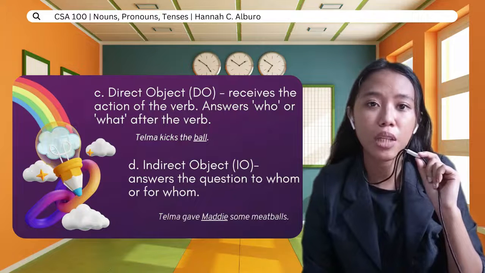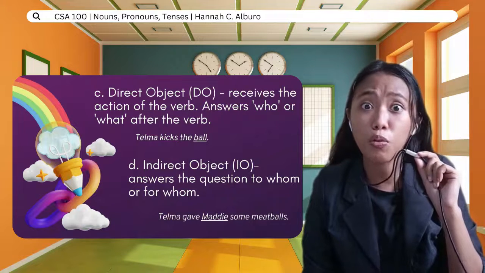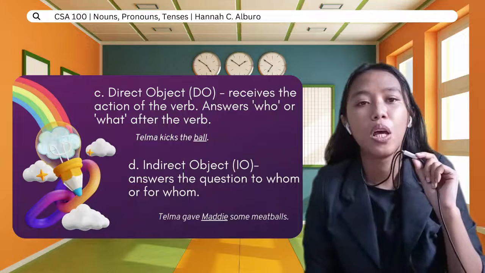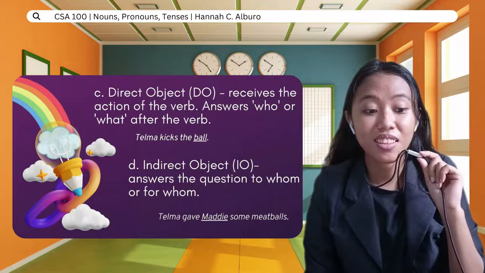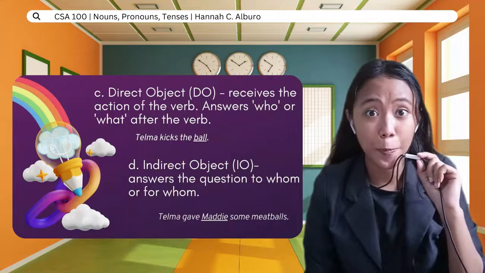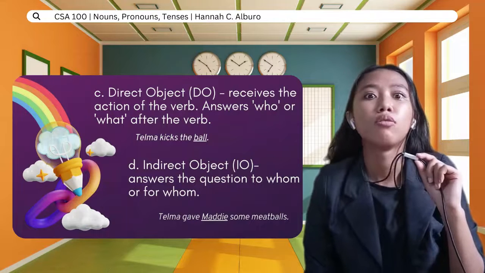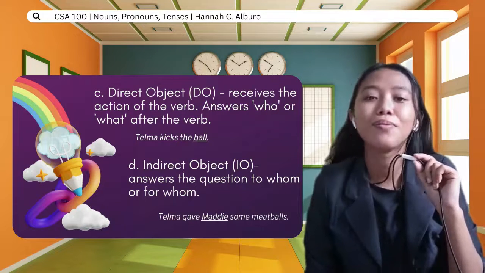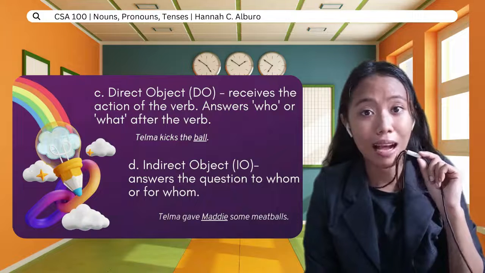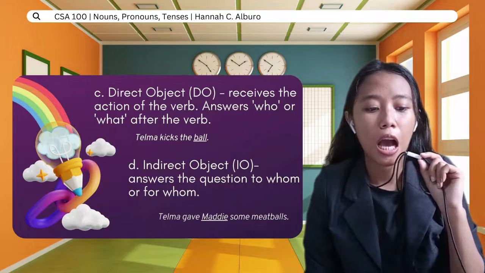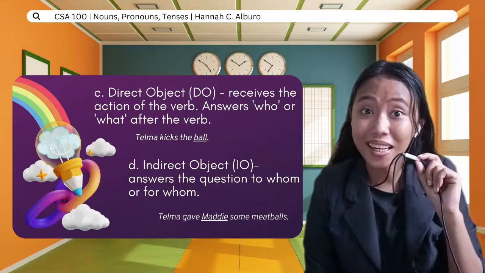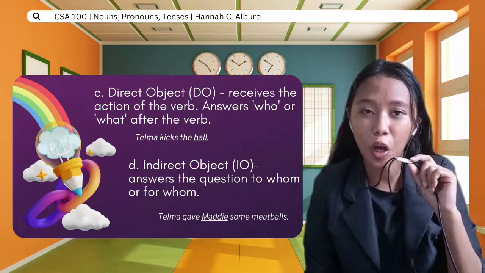The indirect object answers the question to whom or for whom. Take for example the sentence, Telma gave Maddie some meatballs. Telma still is the noun that functions as the subject. And then we have Maddie. So Maddie is the indirect object, no?